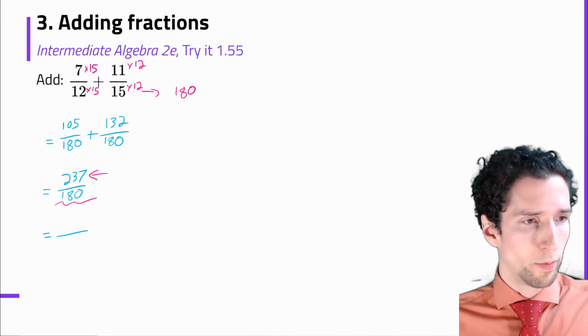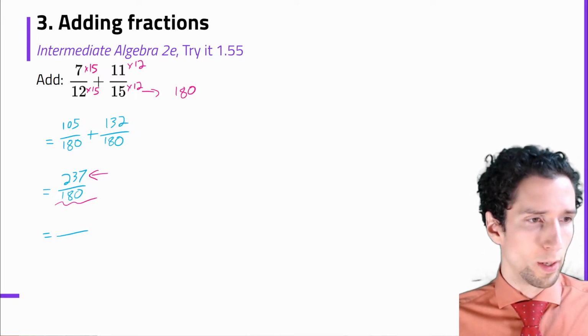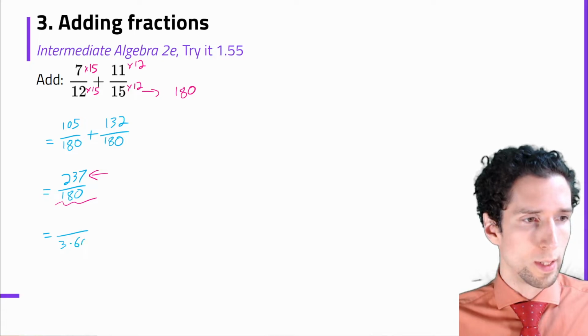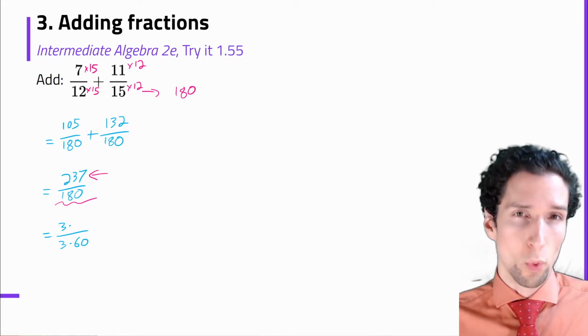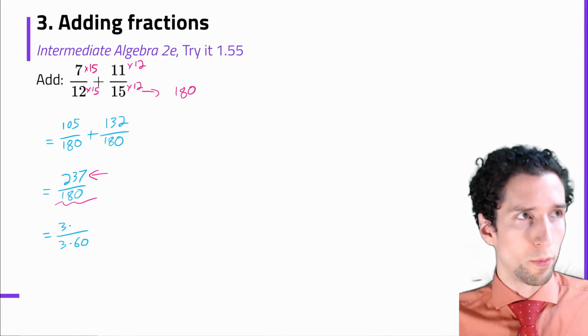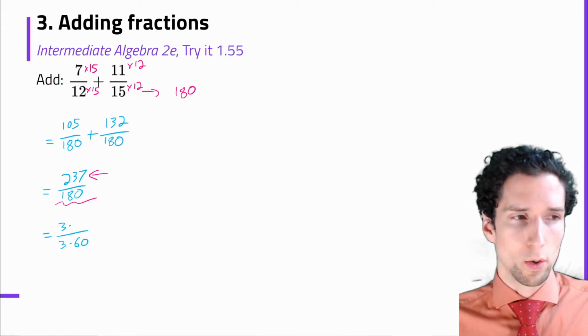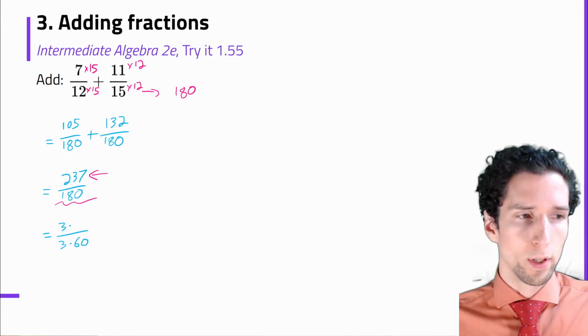Let's write this with an extra step: 3 times 60 on the bottom, and 240 is 3 times 80, so 237 would be 3 times 79.